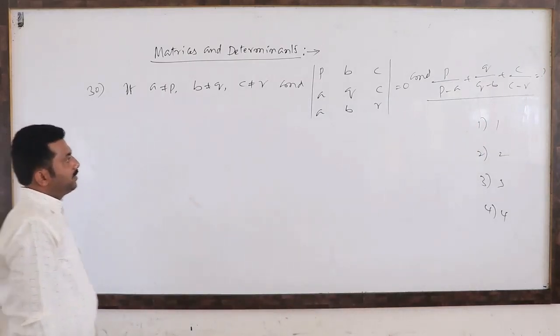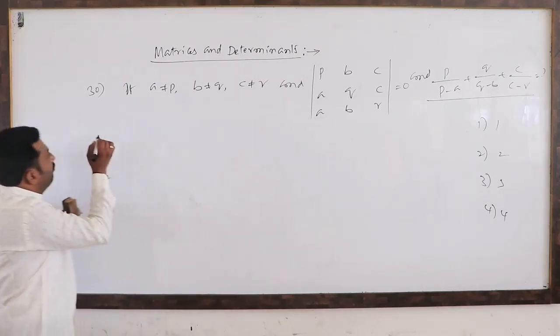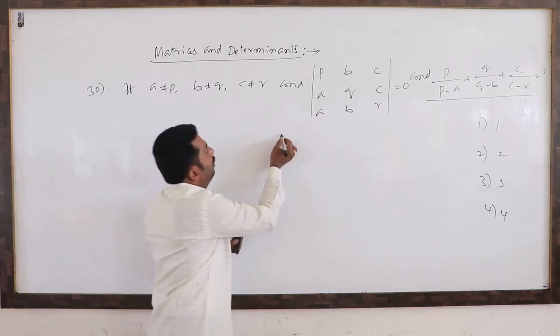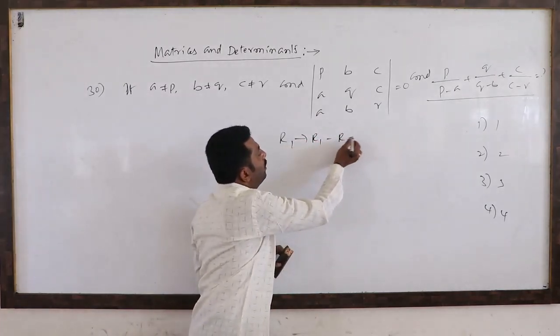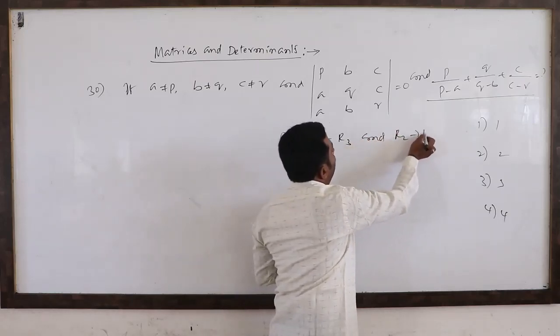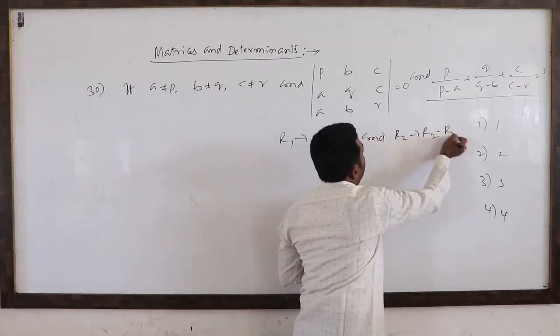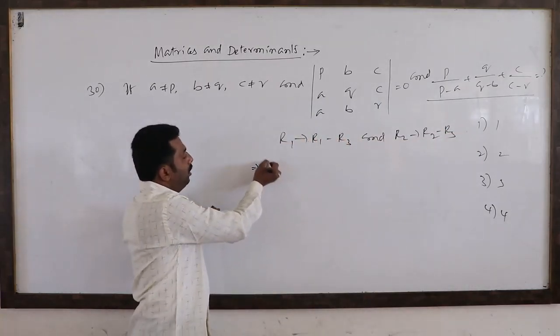So how do you get such terms? You observe, I am just applying this operation: R1 changes to R1 minus R3 and R2 changes to R2 minus R3. So very clear.